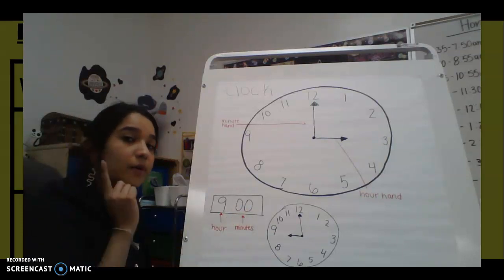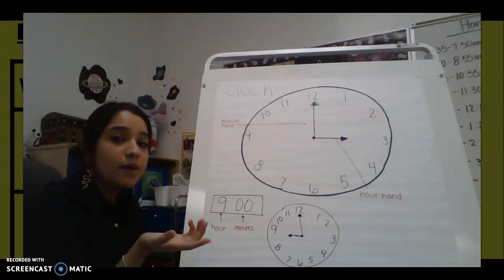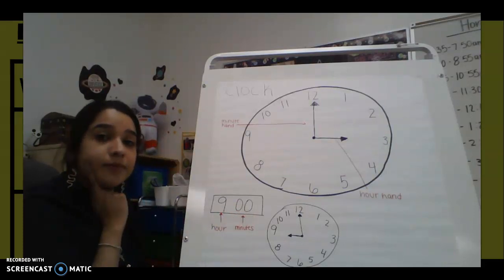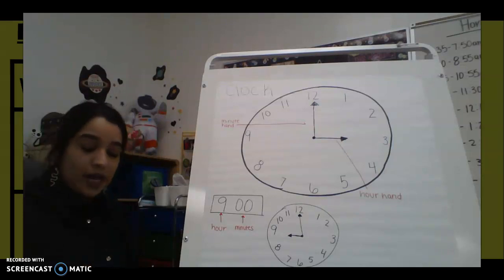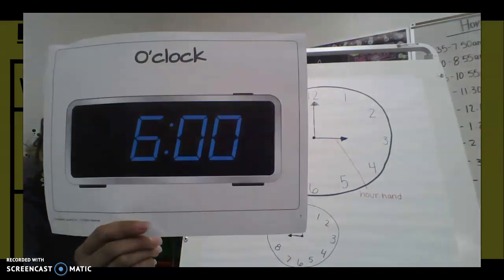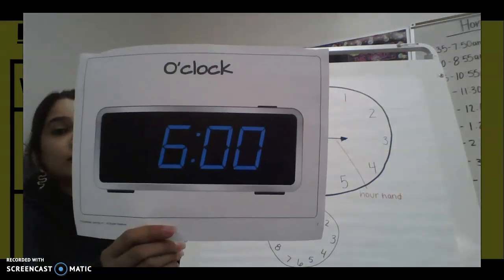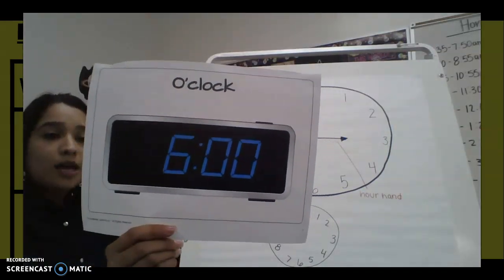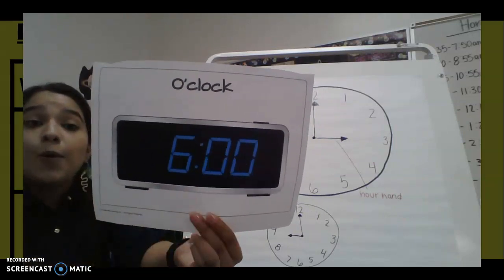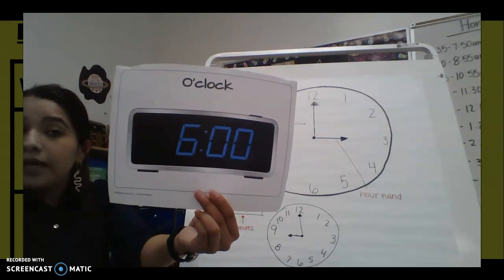What do we say whenever we see an hour and 2 zeros? If you don't remember, let's look at our vocab. Our vocab word says o'clock. And we see 2 zeros. So what does that mean?